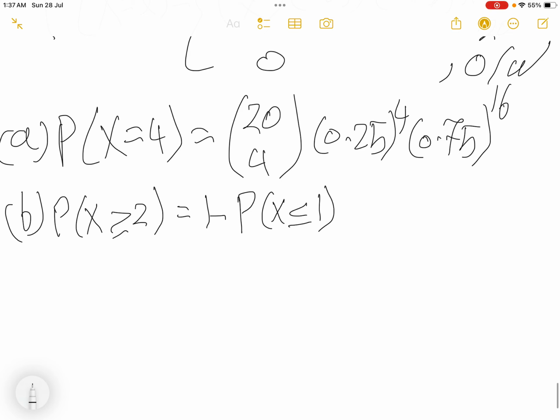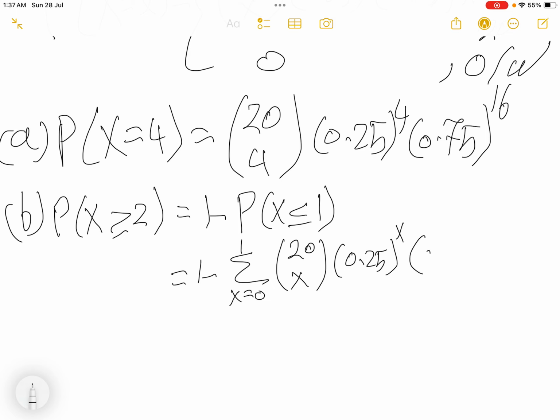You can solve it in 2 ways, as I showed you before. 1 minus summation x 0, 1, 20 over x, 0.25 to the power x, 0.75 to the power 20 minus x. Notice here that he said to you p equal 1 over 4, which is 0.25.